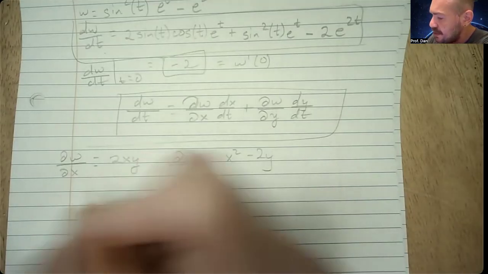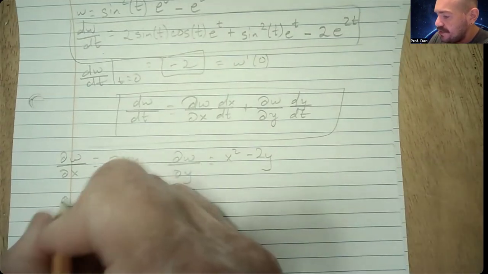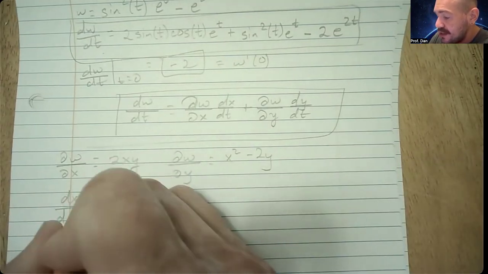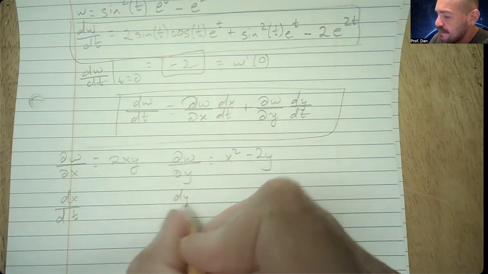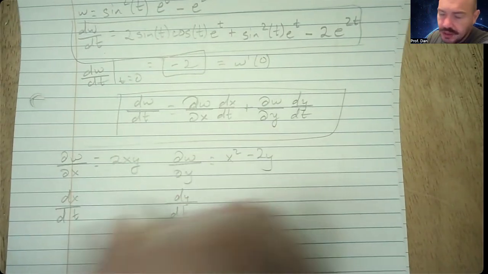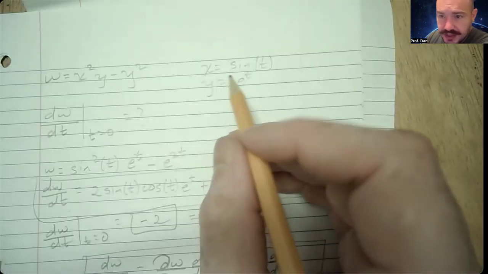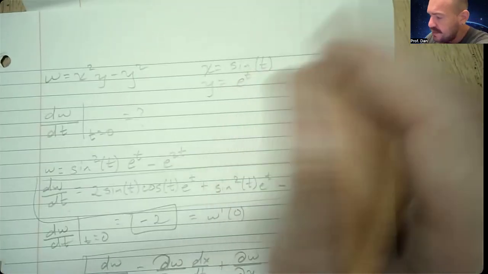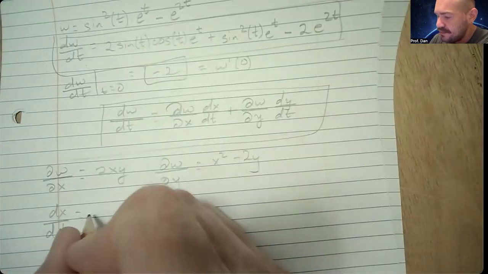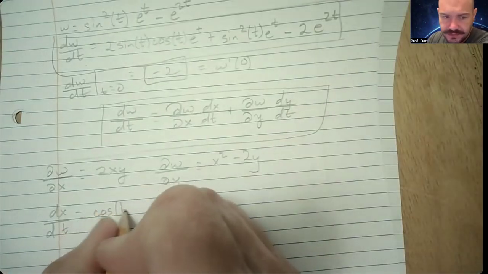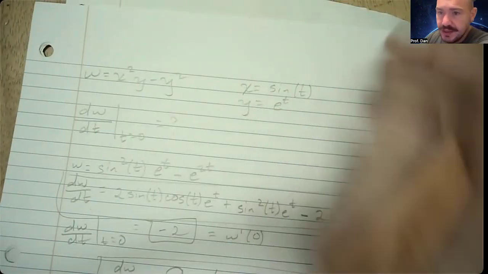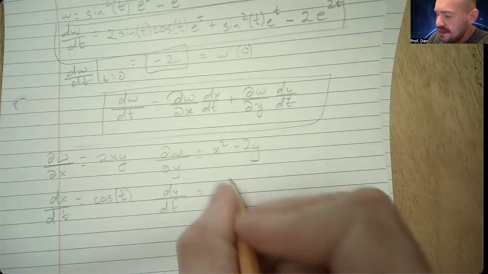We also need to know the ordinary derivatives, dx dt and dy dt. So dx dt, if I look back at what x is, sine of t. Derivative of sine of t is cosine of t. And then if I look at what y is, e to the t. Derivative of e to the t is e to the t.